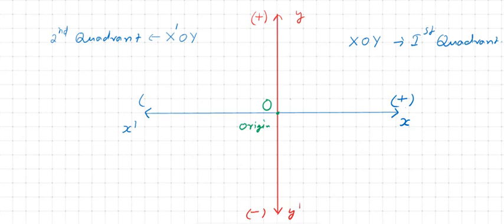And the third is X O Y, but here X and Y both are negative. So X dash O Y dash. It is the name of the third quadrant.